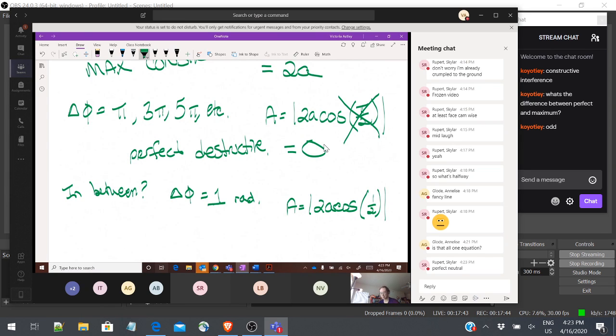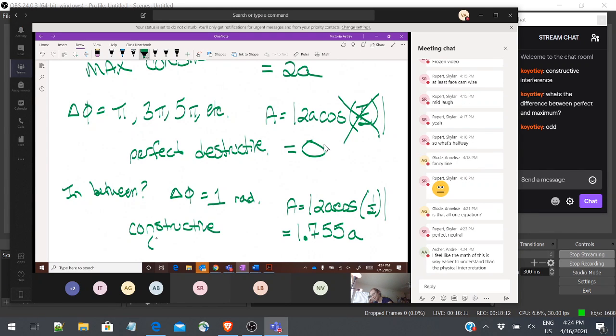Cosine of half a radian. Remember, your calculator has to be in radians. Cosine times 2. I get 1.755a. So this is constructive because it's greater than 1, but it's not maximum.